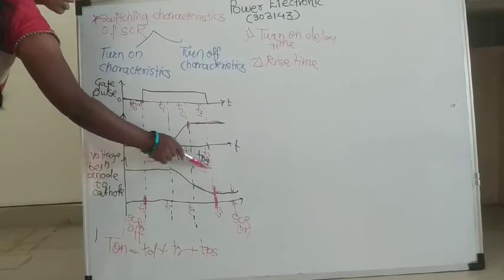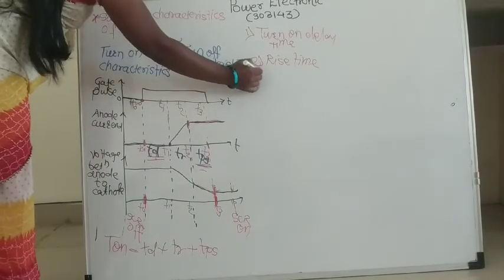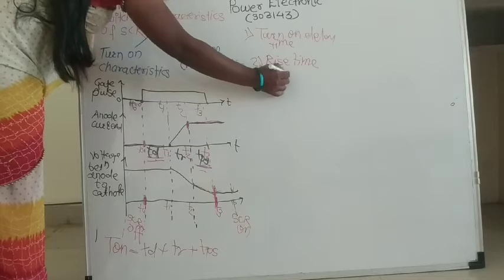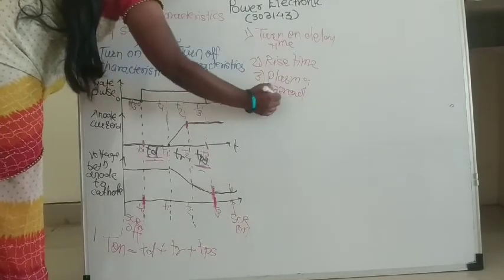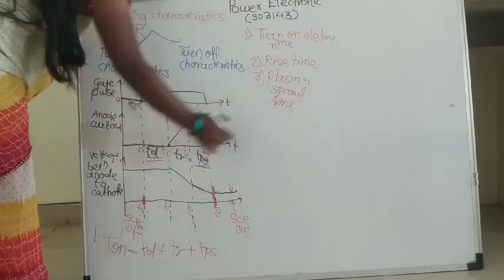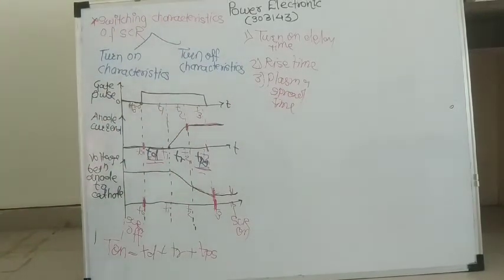This is called the plasma spread time, that is the third time. In this time, your current is constant but voltage is still decreasing.